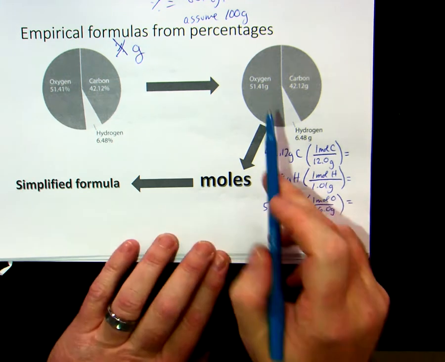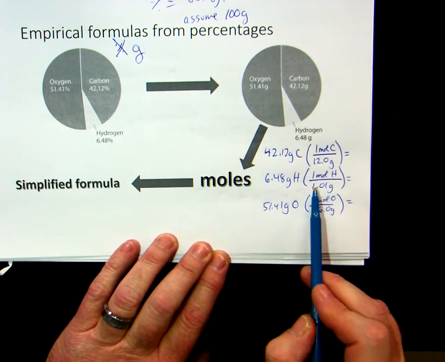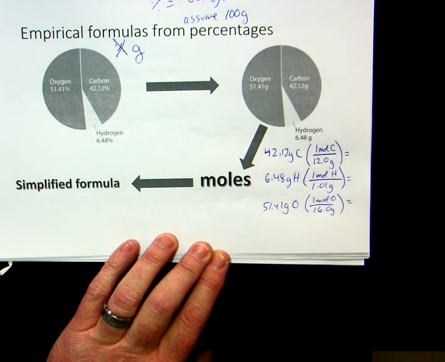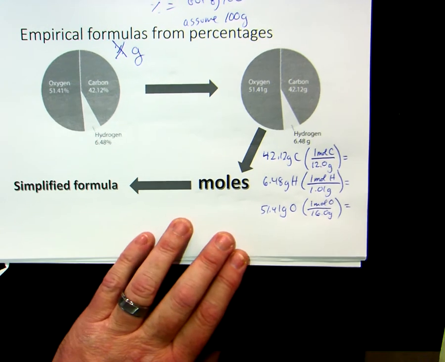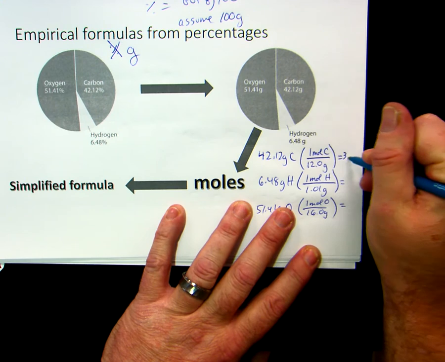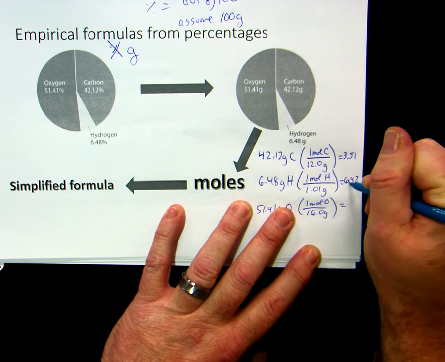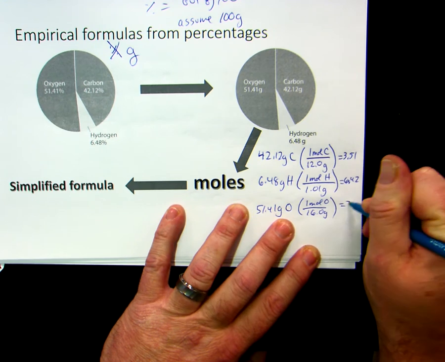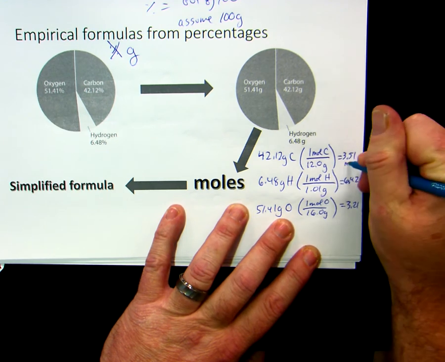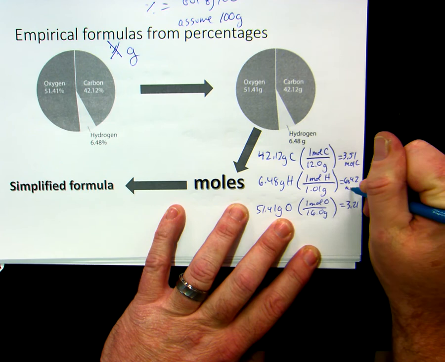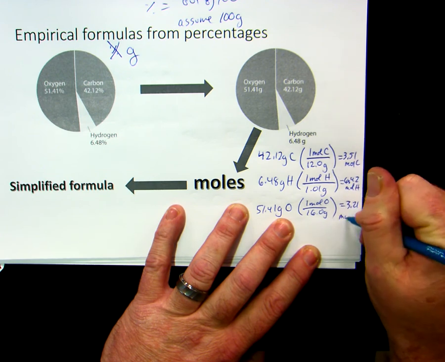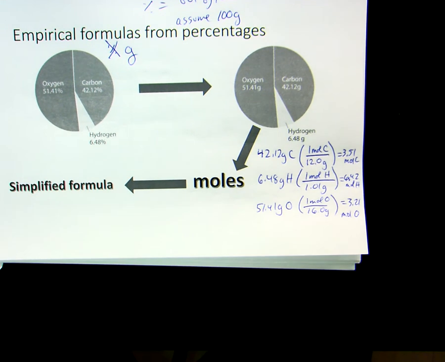So all I've done again is taken my grams and I'm dividing by the molar mass that I would get from the periodic table. And when I do that, I get 3.51, 6.42, and 3.21. This is moles of carbon, this one's moles of hydrogen, this one's moles of oxygen.